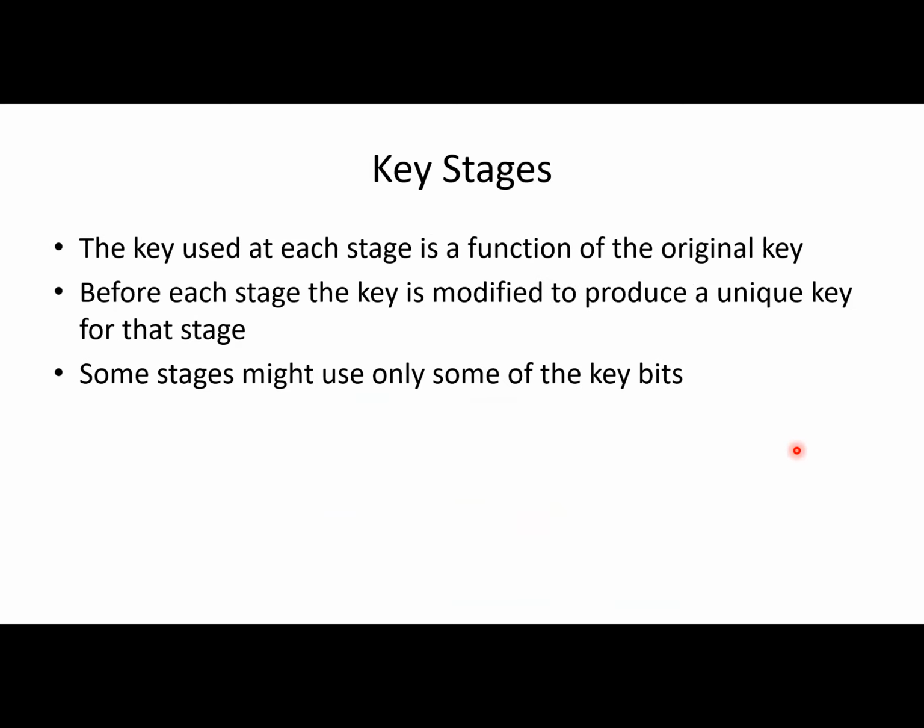So there are multiple stages of rearranging, substitutions, and exclusive ORs. The exclusive ORs are done with a key. There's one key that you put in, and then it rearranges the key. The key goes through some function every stage, so each stage uses a different function of the key. Sometimes it uses only some of the bits.